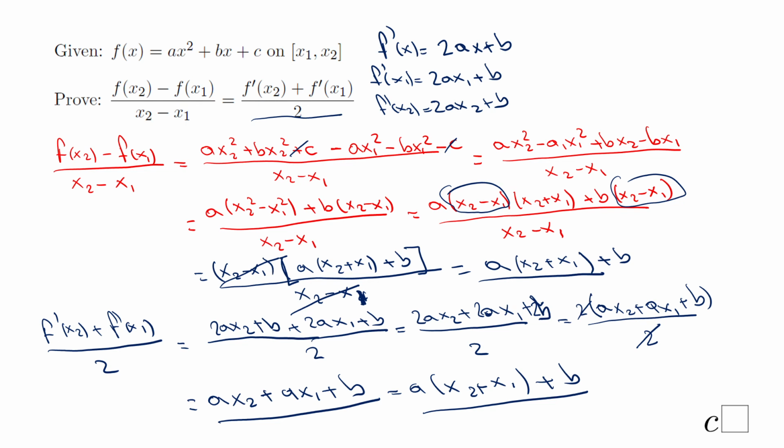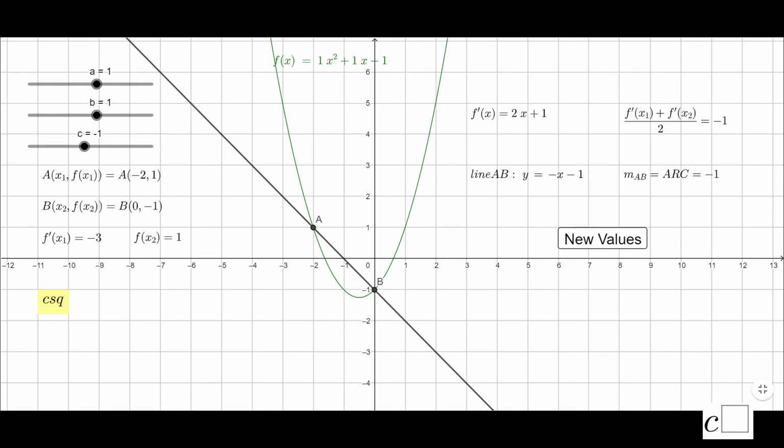I have also tried to make a GeoGebra app. You have two screenshots and you can see here one that is very nice and clear. You can notice the slope of the secant line, the average rate of change, is -1, and this average of the derivative is also -1.